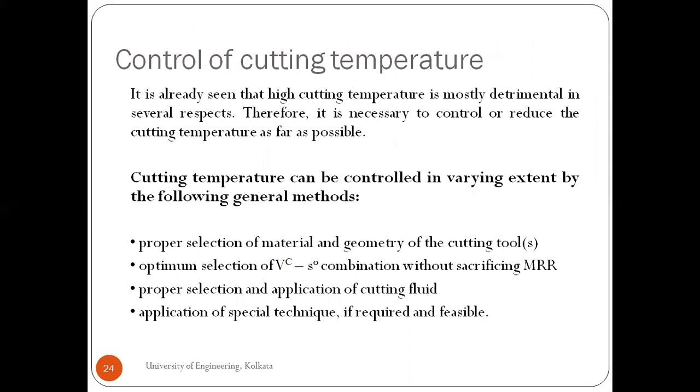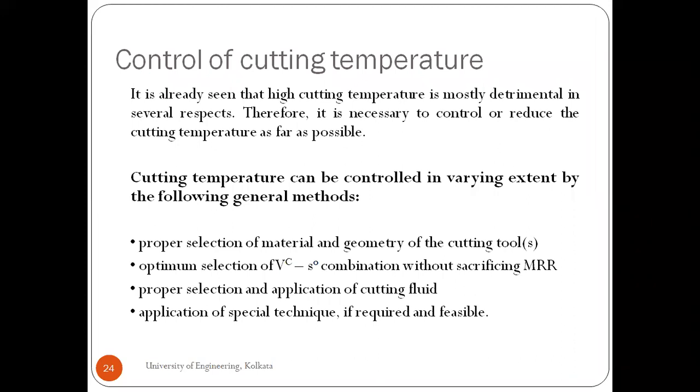Now suppose we are using some material as a workpiece which is very hard, and we are not using a proper tool for cutting that hard material. We know that the cutting tool should be harder than the work material, so that we have not considered here. So what will happen is the cutting temperature will generate because there will be rubbing action and no cutting will take place, right?